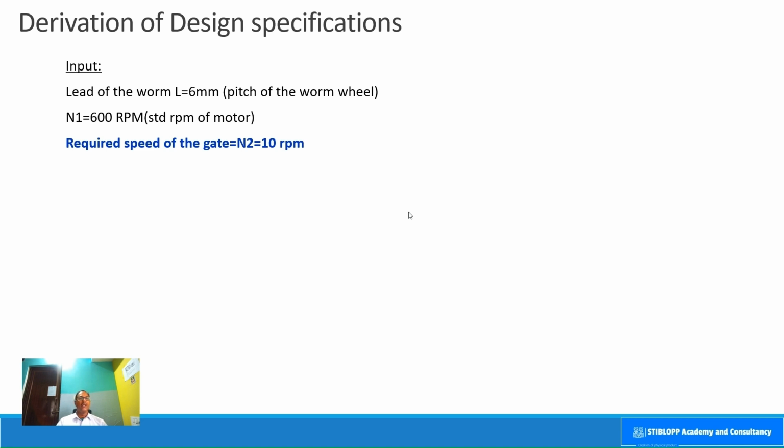Yeah, the input that is available with us is the lead of the worm, which is 6 millimeters. Okay, and the standard RPM of any motor that can rotate a lead screw worm is 600 RPM. Okay, the required speed of the gate is 10 RPM.